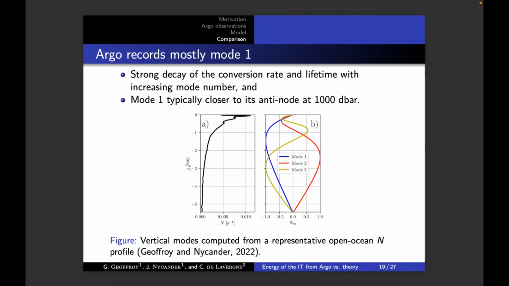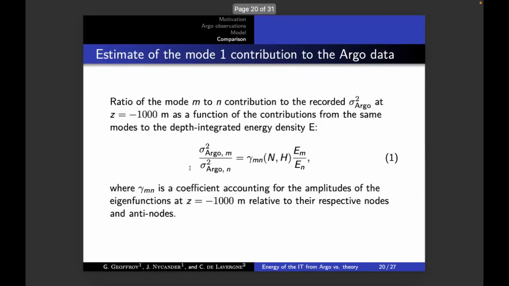And we actually have a workaround then to estimate the contribution from individual modes to this variance recorded by Argo. I won't go too much into the details, but globally, this coefficient gamma is accounting for what I just said, so being close or far away from your node and antinode.